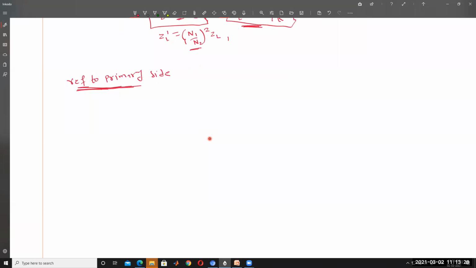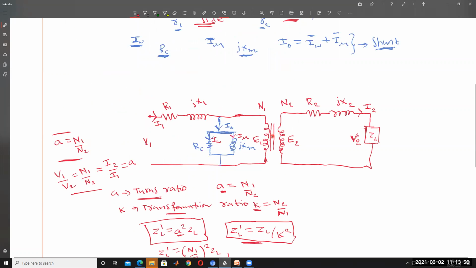Here R1 is as it is, and j into X1 is as it is, like this. R1 and X1. Understand? So the primary branch parameters are as they are. Only the secondary branch parameters are converted to the primary side.